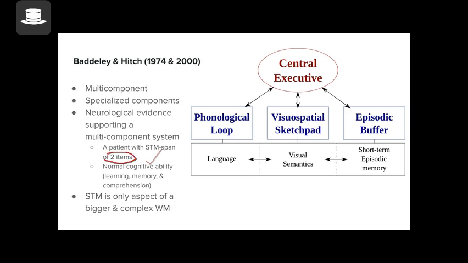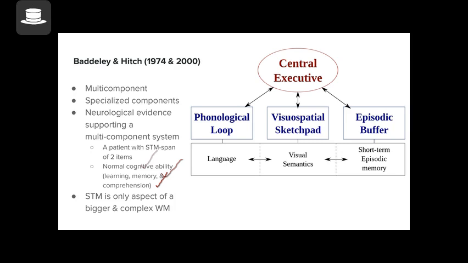In other words, he could only hold two items at any given point of time. Yet, the individual had normal cognitive ability, in other words, a normal ability to learn, memorize, and comprehend information. Yet, the short-term memory was only two items.